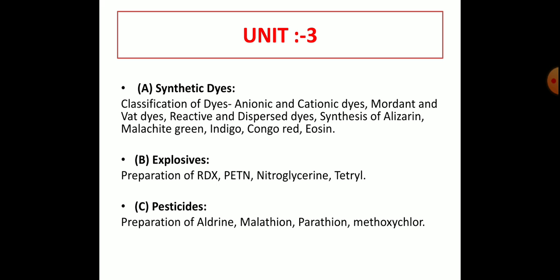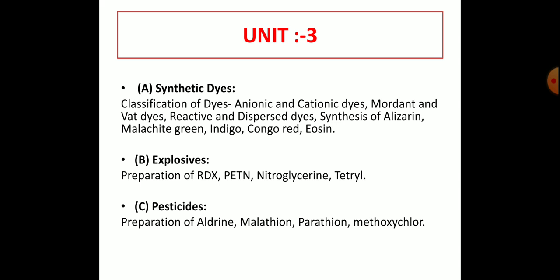Once again we repeat, unit 3 is divided into 3 parts. Part A is synthetic dyes, Part B is explosives, Part C is pesticides. Part A contains classification of dyes like anionic and cationic dyes, mordant and vat dyes, reactive and disperse dyes, synthesis of alizarin, malachite green, indigo, Congo red and eosin.